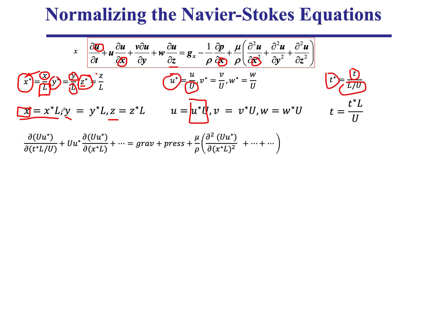For U, I've plugged in U times U star, and for the time I plugged in t star L over U. And I do it for the second term, the third term, and so on. And then I have my gravity and pressure terms. I'm just leaving them. I'm not so interested at the current time to deal with those, but we'll just leave them and assume that they get their proper way of being non-dimensionalized so that the equation is consistent in its units.